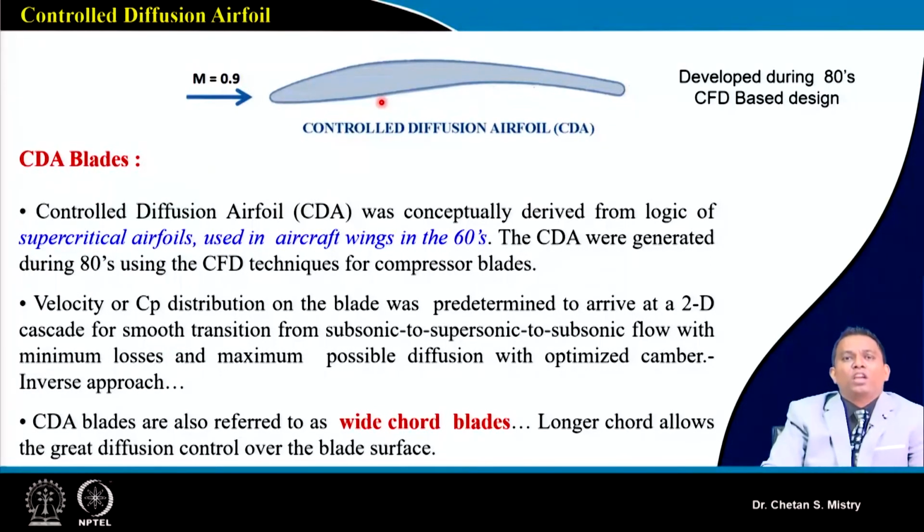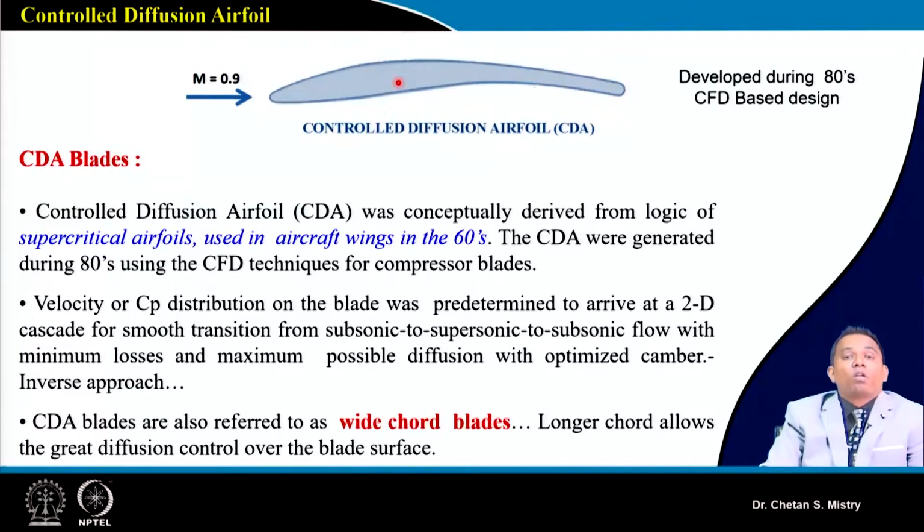So we can say those days people developed this aerofoil with the concept of inverse design, where the predefined pressure distribution is known to us, and from there the aerofoil shape needs to be developed. That has given a very good idea, a new innovative idea for future development.